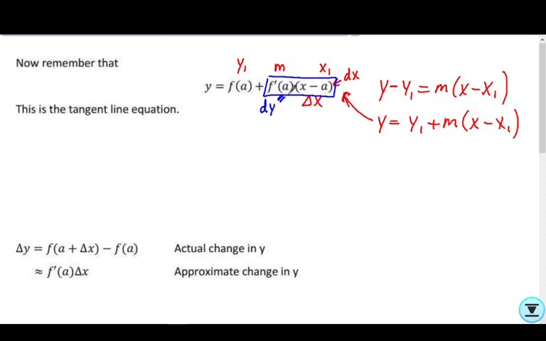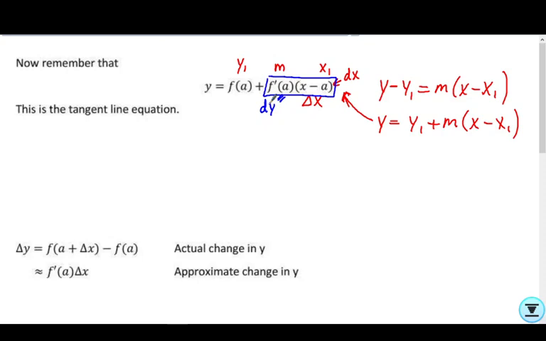So when we do linearization, when we do tangent line approximations, this is basically my y value plus some little y value. And that's why this is an approximation. It's not actually the change in y, it's an approximation. And that's what this shows you here.